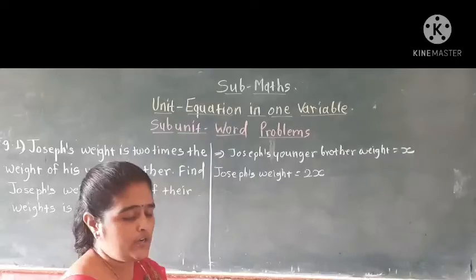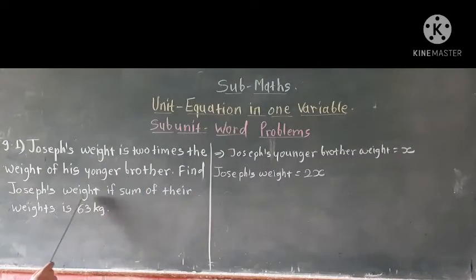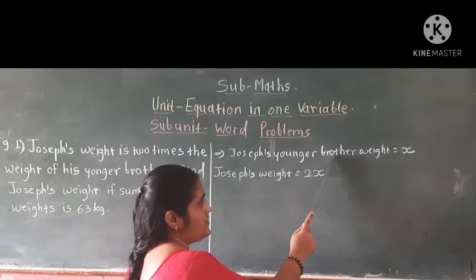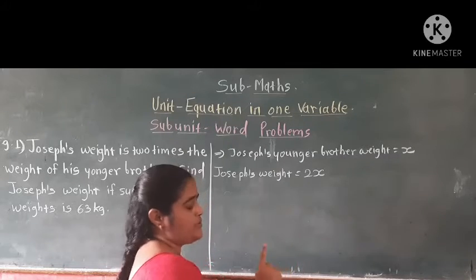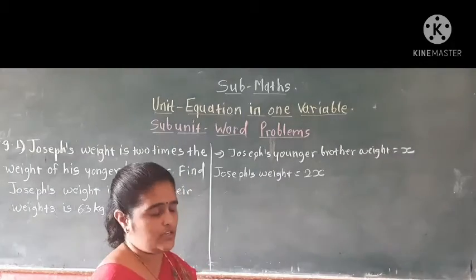Then, according to the condition, the sum of their weights is 63, which means the sum of Joseph's younger brother's weight and Joseph's weight is 63.